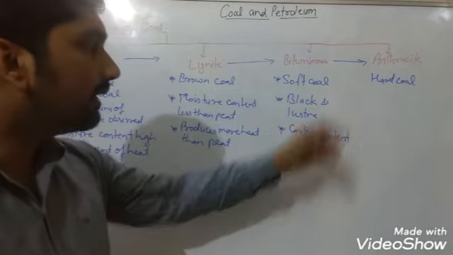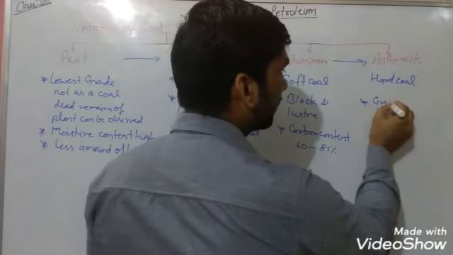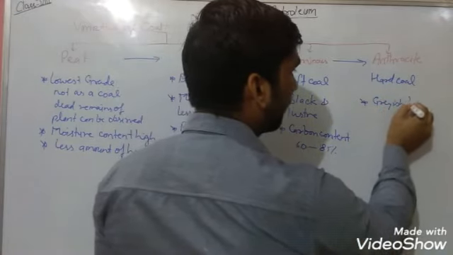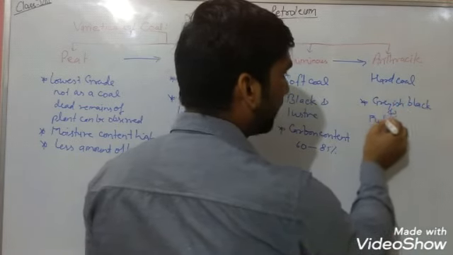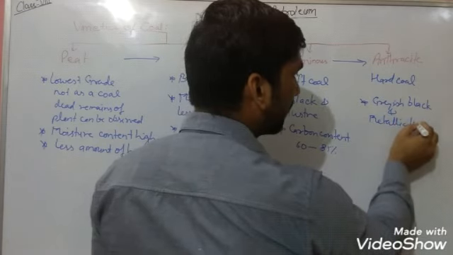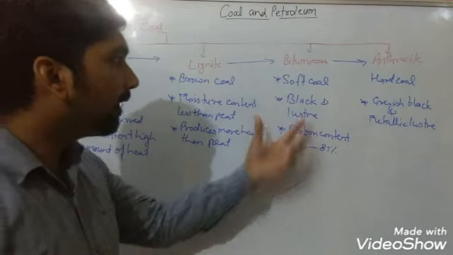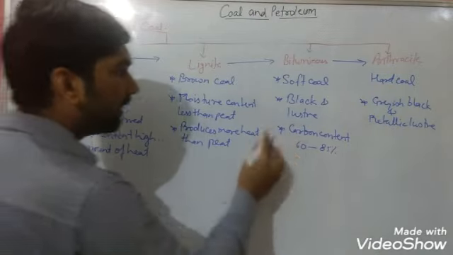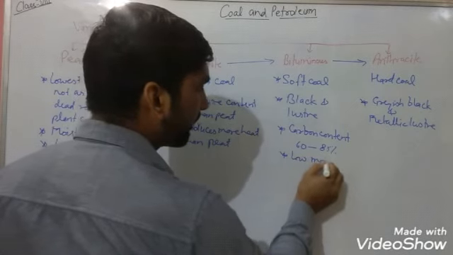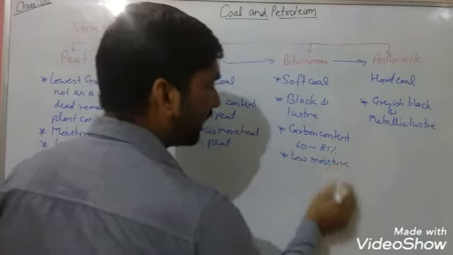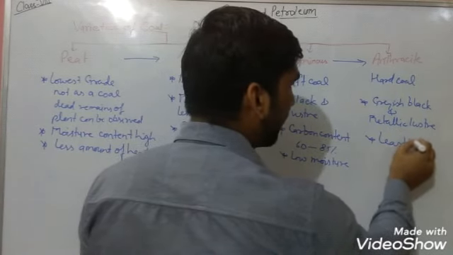When we discuss about the anthracite, it is what? Grayish black color, and it will have the metallic luster, means more shiny in appearance. When we talk about their moisture content, low moisture, and in this moisture will be what? Least moisture.